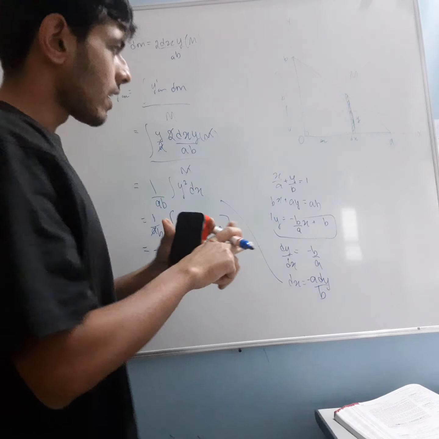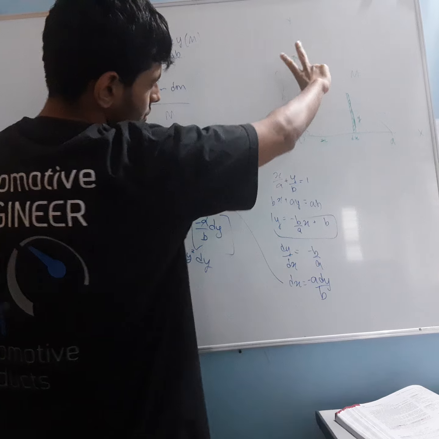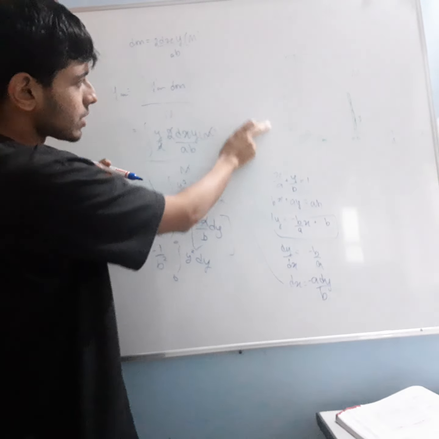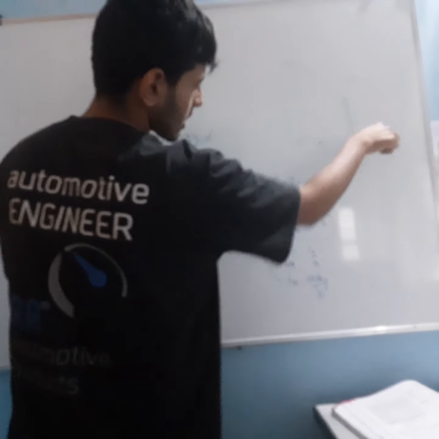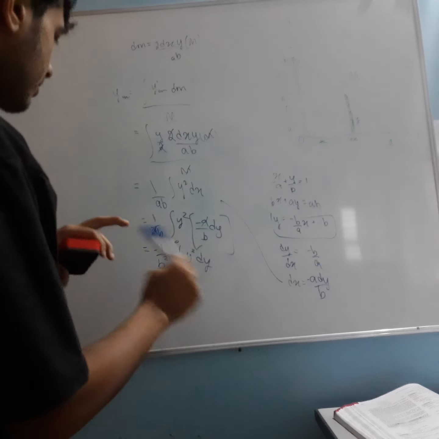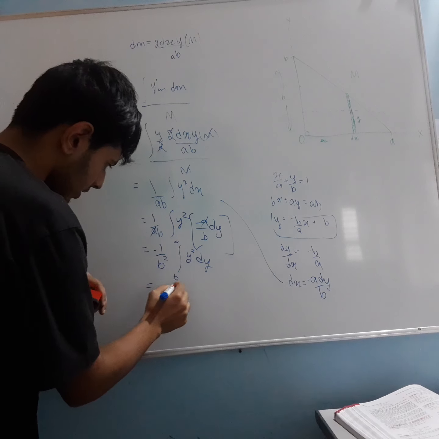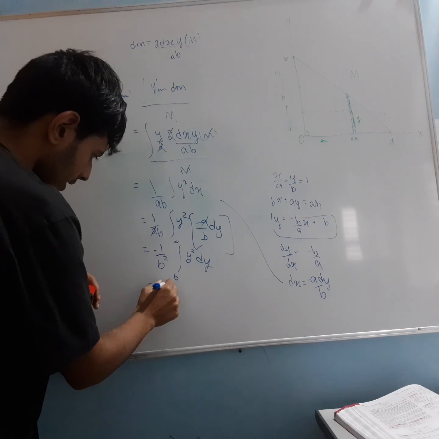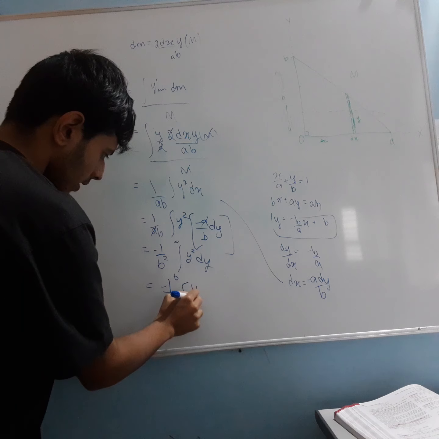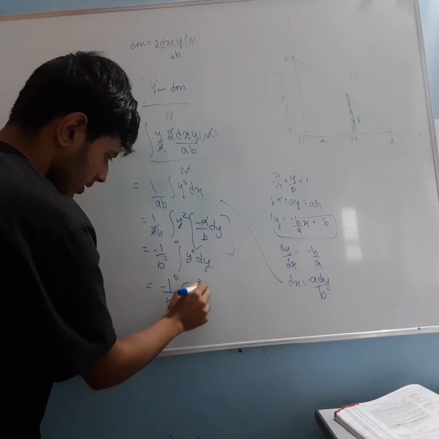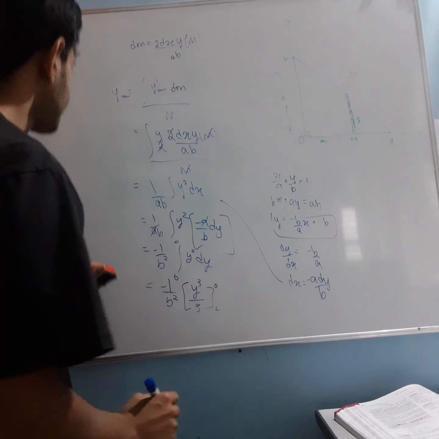Like, let's say that x were to shrink a lot. So initially y was the entire length, which is b, and as x increases, your y becomes 0. So evaluating the limits and integrating it, you get minus 1 over b square into y cube upon 3 from b to 0.